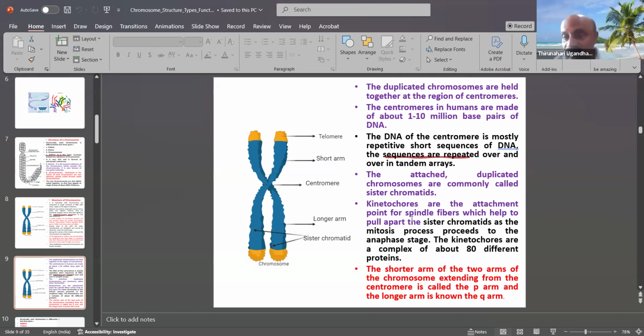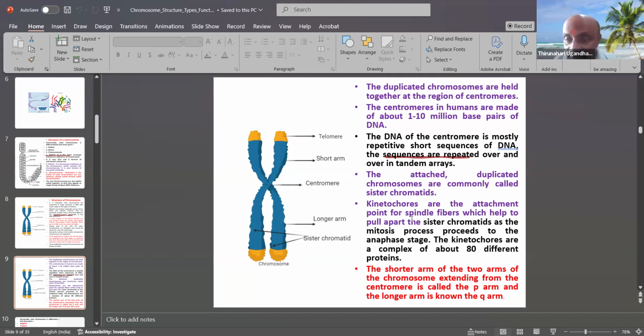The centromere is the center part of the chromosome, with a chromatid on either side. The centromere in humans is made up of about 1 to 10 million base pairs of DNA. Base pairs refer to nucleotides.